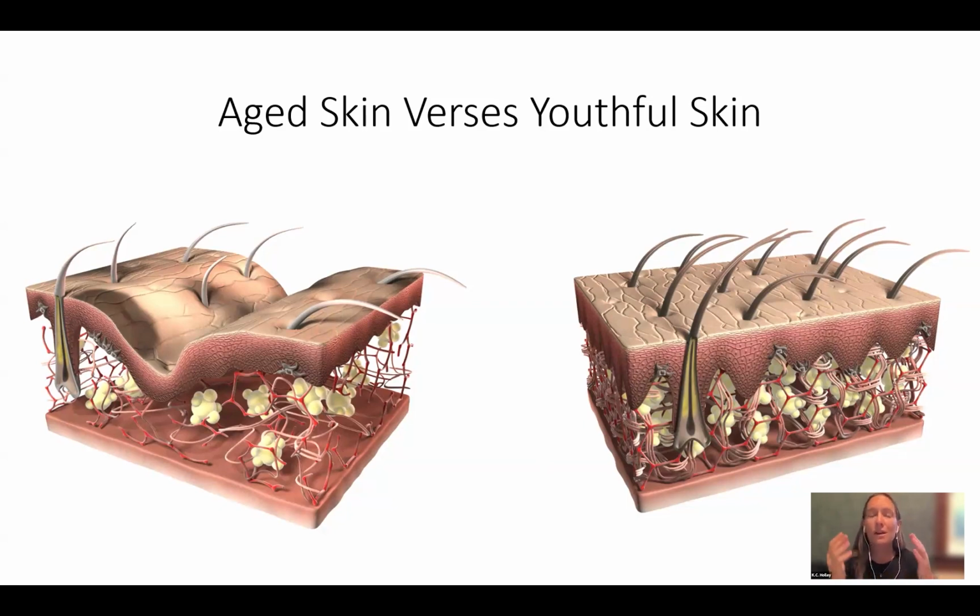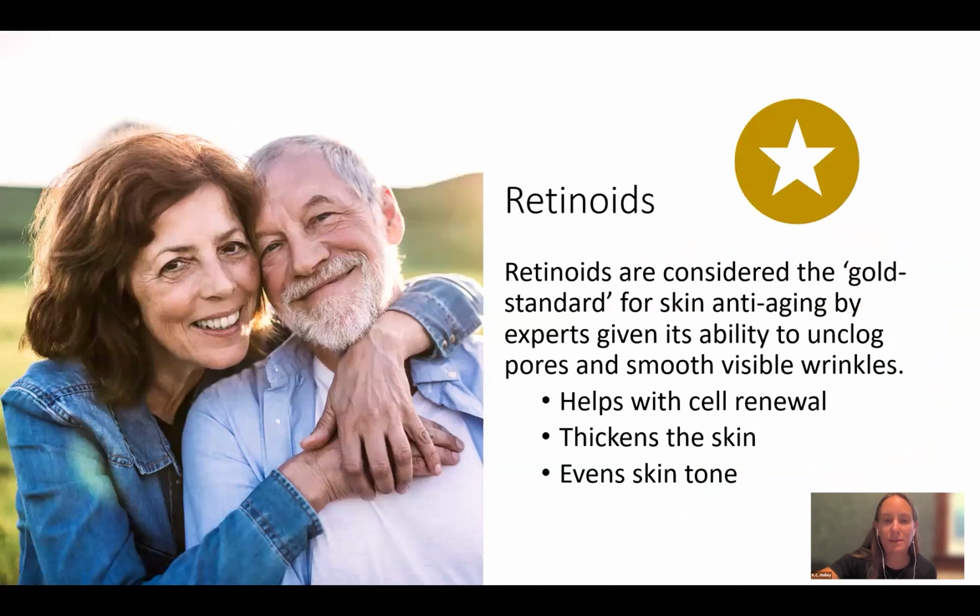Now, if you were to close your eyes and think about your great-great-grandma, if they were still around, and not that I would recommend that you pinch their skin, but if you pinch their skin, you might find that their skin very slowly melts back down because it lacks those elastic fibers, that elastin.